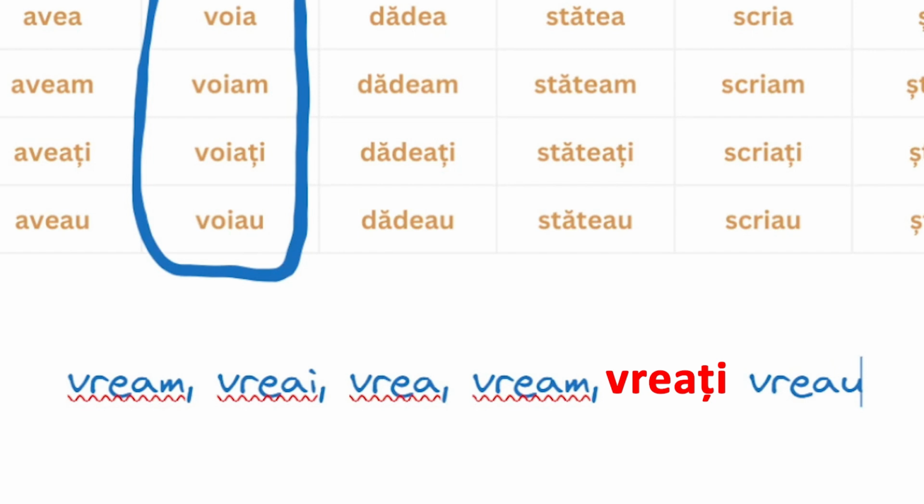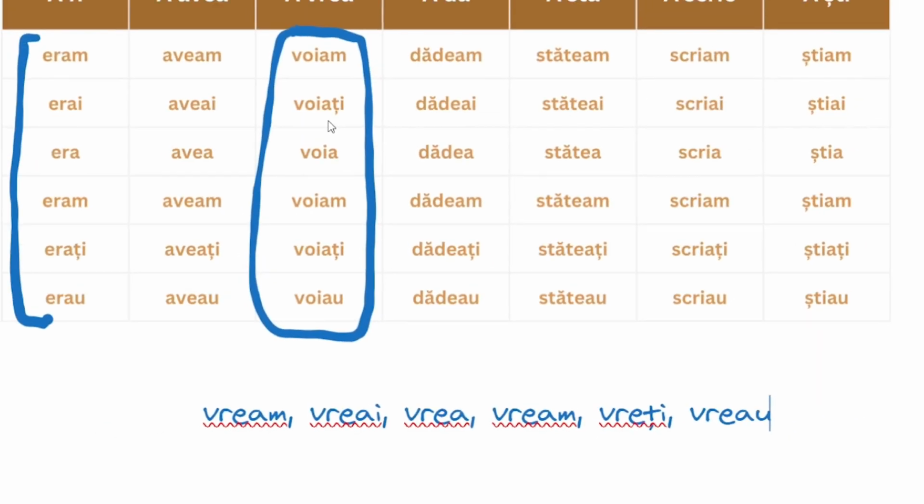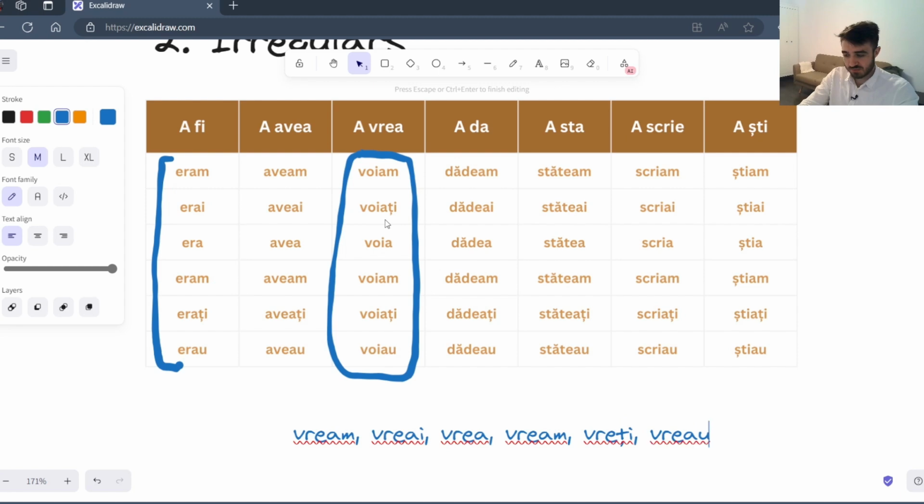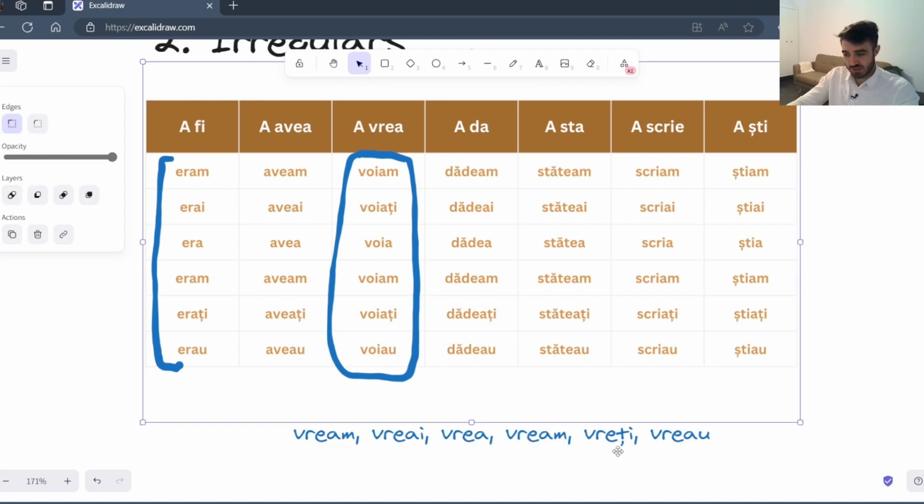Stefan from the future here, the correct form in imperfect for a vrea in the voi form is voi vreați, not voi vreți, like in the present. All right.